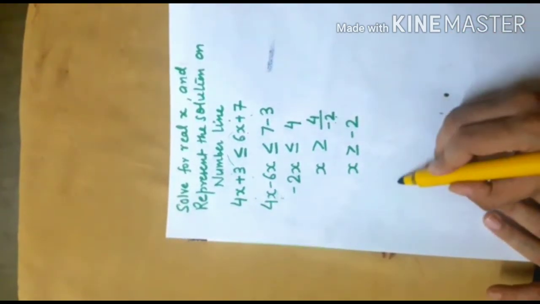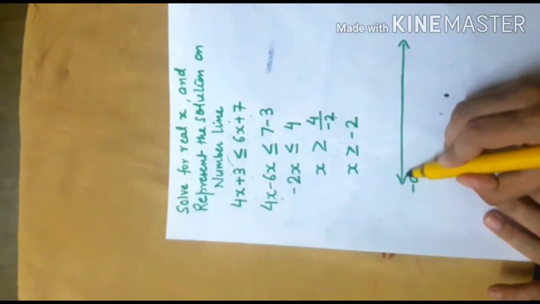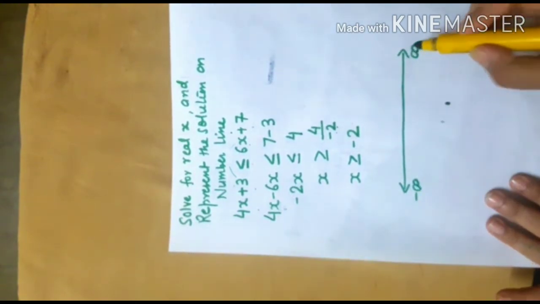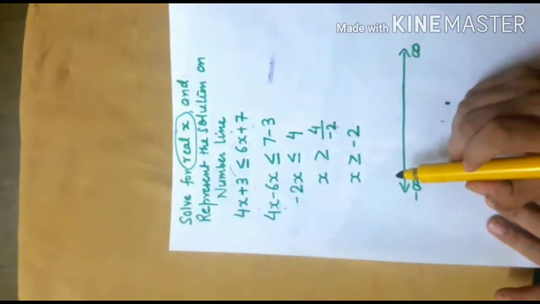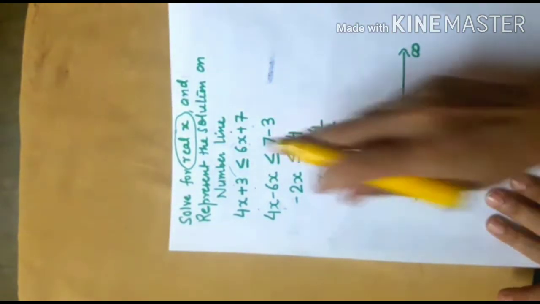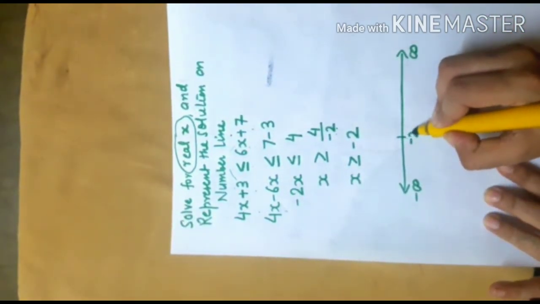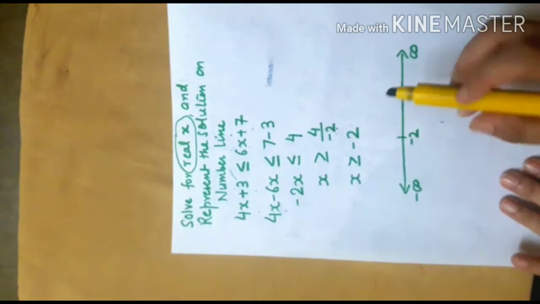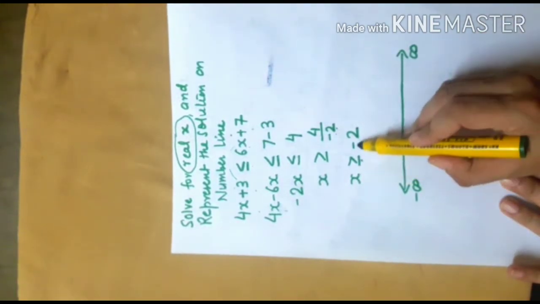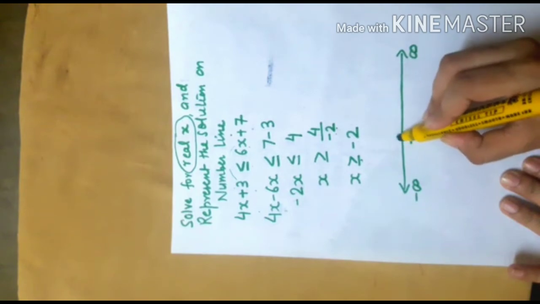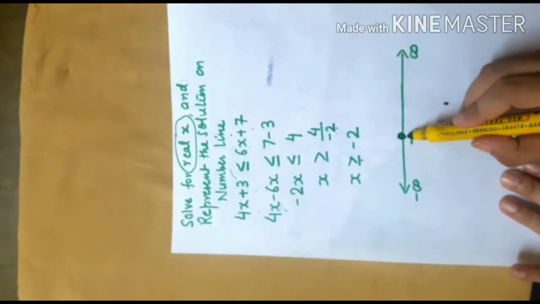So look here. This is the real number line, minus infinity to infinity, because I have to solve for real x. That means I have to find the real numbers which satisfy this inequality. This is minus 2. Yes, the inequality is slack. X can be equal to minus 2. So minus 2 is a part of the solution. So put a solid circle.